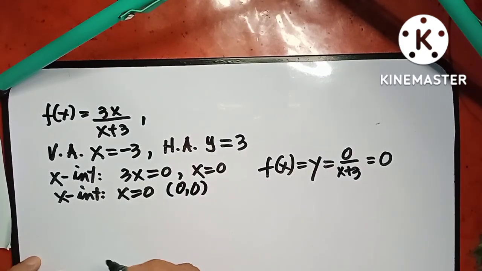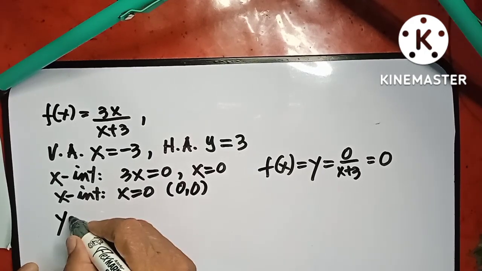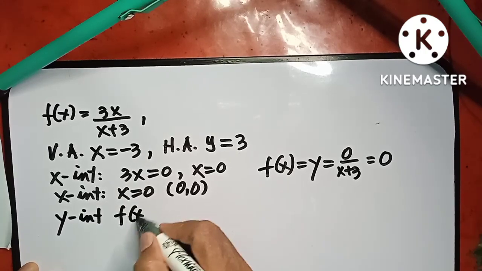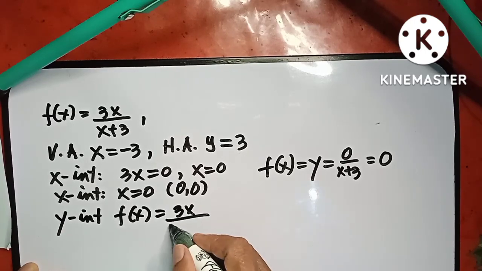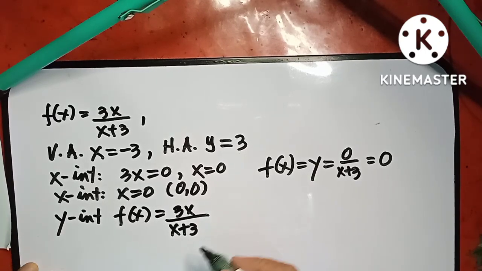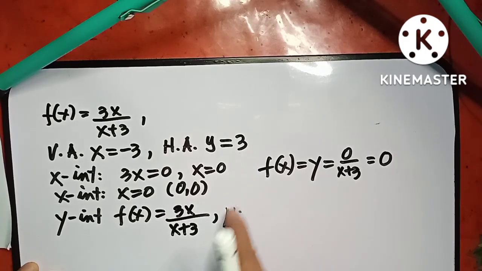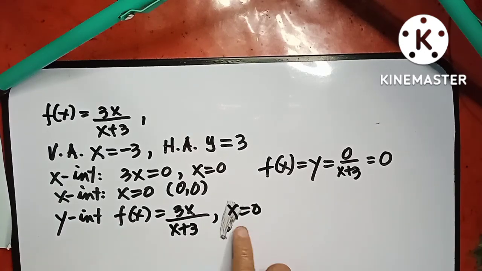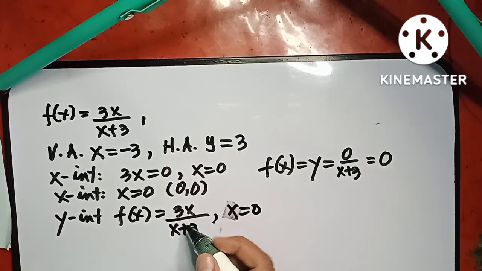And to get the y-intercept of the function f of x equals 3x over x plus 3, we set x to 0. And so, we plug in 0 to the function.